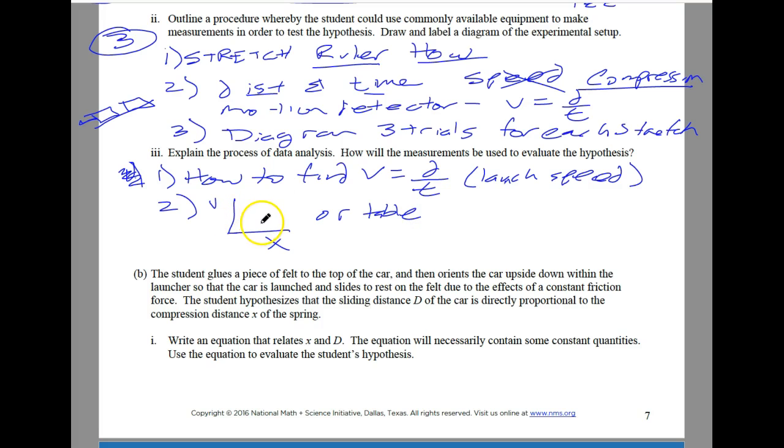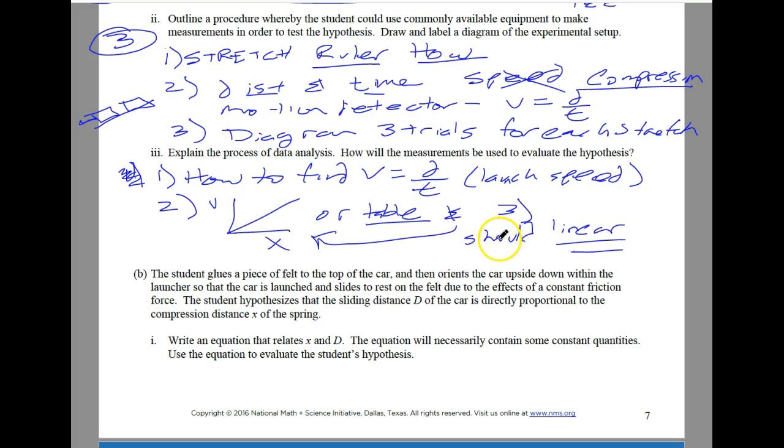And then you're going to show how you will check to see if it's directly proportional. So when you take all the data in a table and then graph it, it should give you a linear relationship. And so that's going to be important too. So number two is somewhere you're doing this table or the graph. Number three, you're saying how that should be linear.